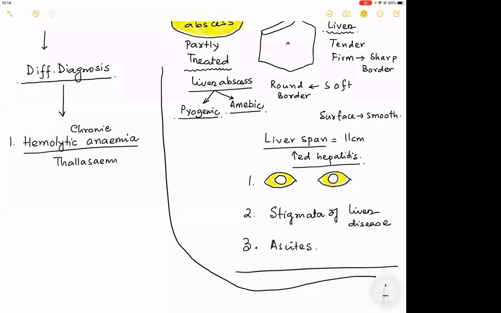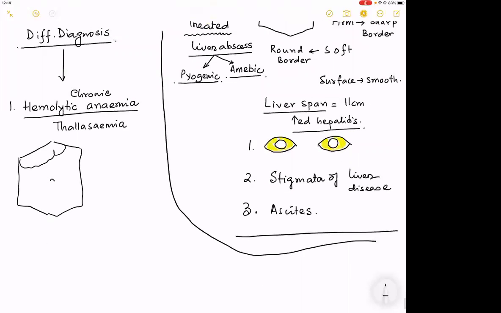Now tell me, what are the characters of the liver in a patient of thalassemia? Point number one, the liver is enlarged. Point number two, firm. If the liver is firm, what will the borders be? Sharp borders.